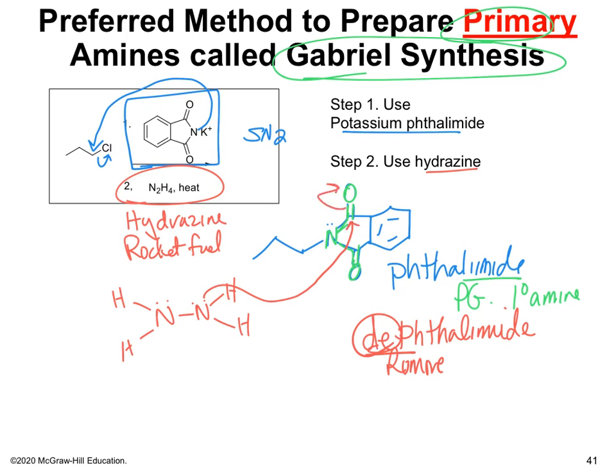You don't have to do this mechanism. Then it comes back down, and then it releases the nitrogen. The other nitrogen here will attack this one, and this will go up and then come back down and release the nitrogen. So like I said, you don't have to know this mechanism, but it basically replaces this nitrogen with these two nitrogens.